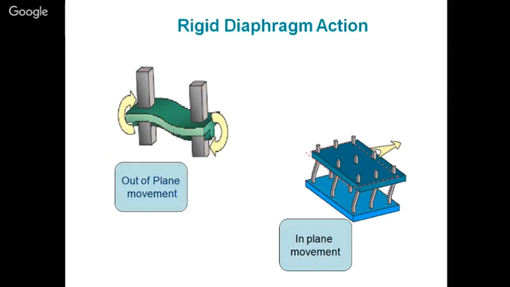Depending upon that, we define the lateral force depending upon the stiffness, and we divide them amongst the different components and different frames, and accordingly we analyze those frames for the forces, and accordingly we design. But in case of a flexible diaphragm, we assume that whatever load is coming from up is contributed according to the tributary area, and accordingly we just distribute that load to the column and then column to the foundation.